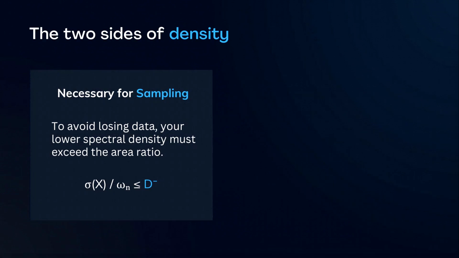The first study of our work tells us about the sampling set. So to avoid losing data, your lower spectral density must be greater than the quotient, the area of the subset X divided by the area of the total sphere.